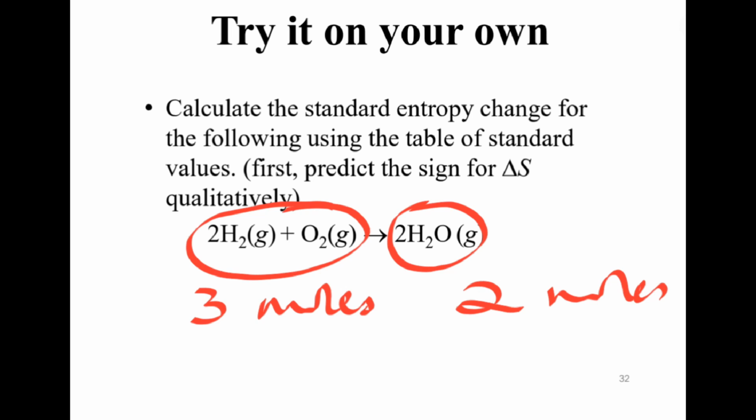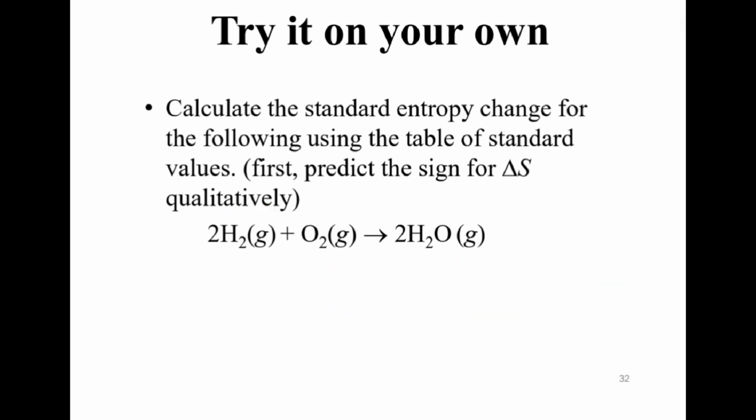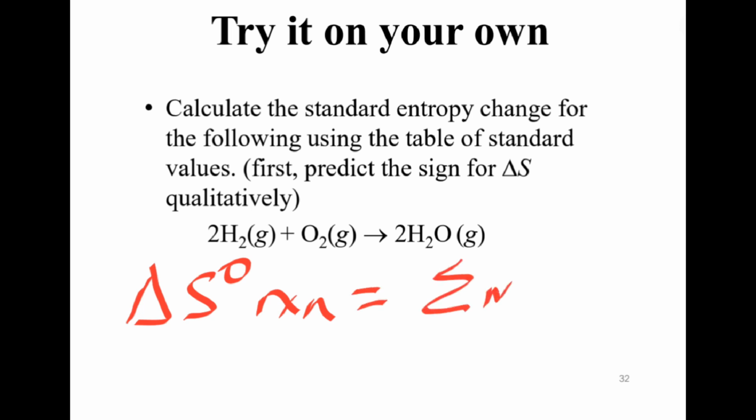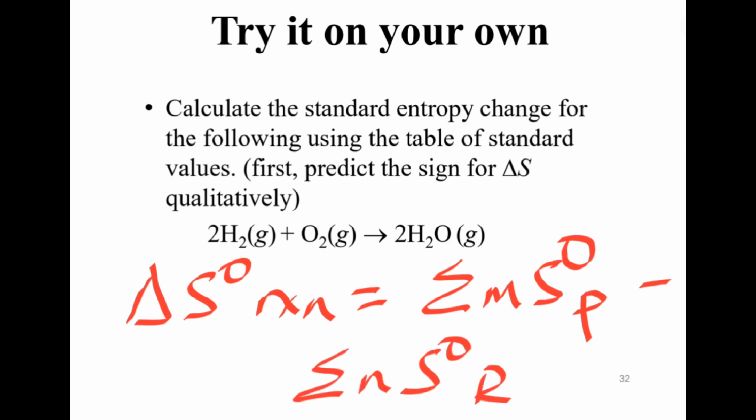Therefore, the sign of the entropy change would be negative. So let's calculate the standard entropy of the reaction, which is given by the summation of m times entropy of the products minus the summation of n times entropy of the reactants.